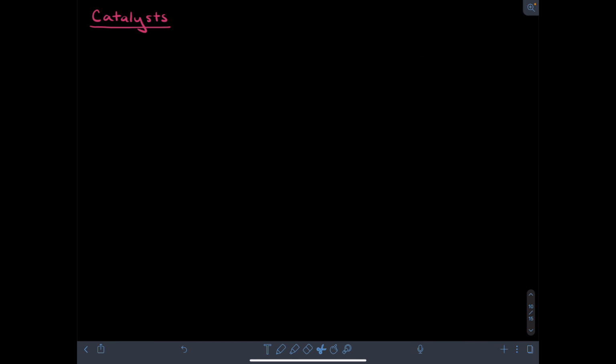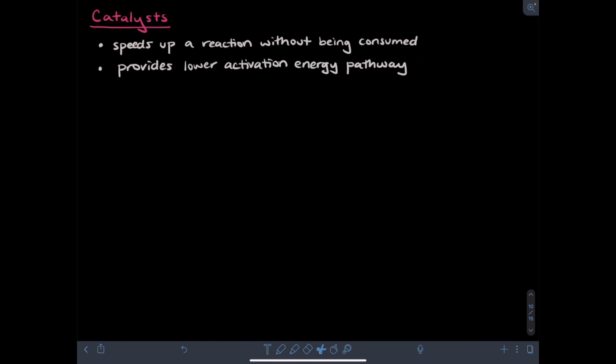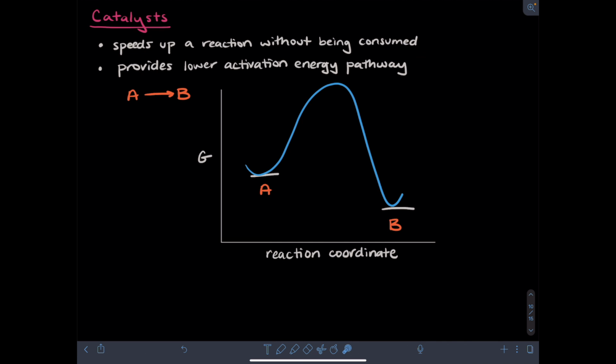Another factor that can affect the rate of a reaction is whether or not you have a catalyst present. Catalysts will speed up a reaction without being consumed. And they do this by providing a lower activation energy pathway. Let's imagine that this reaction all by itself has a high barrier.